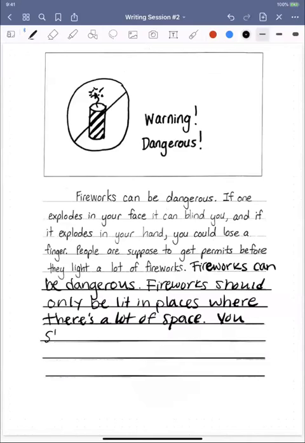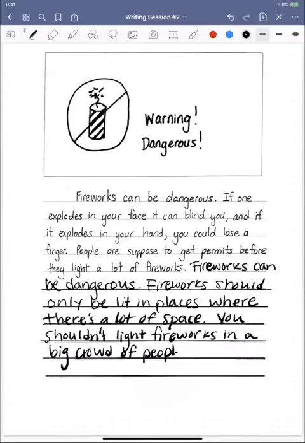You shouldn't light fireworks in a big crowd of people. That would be dangerous.